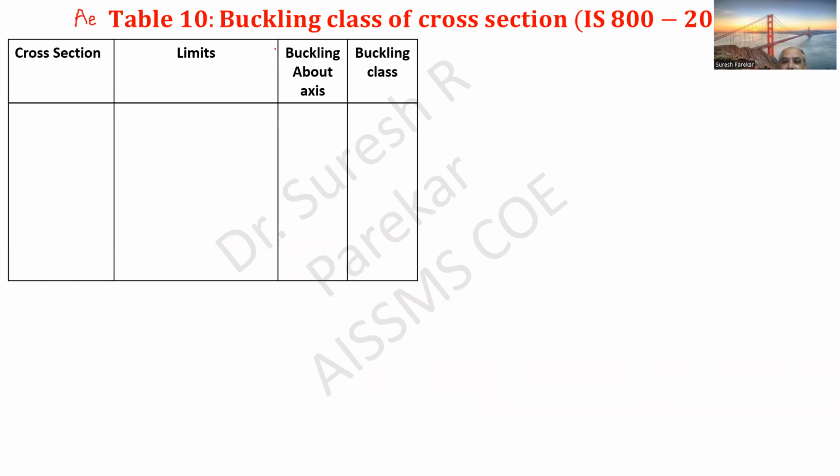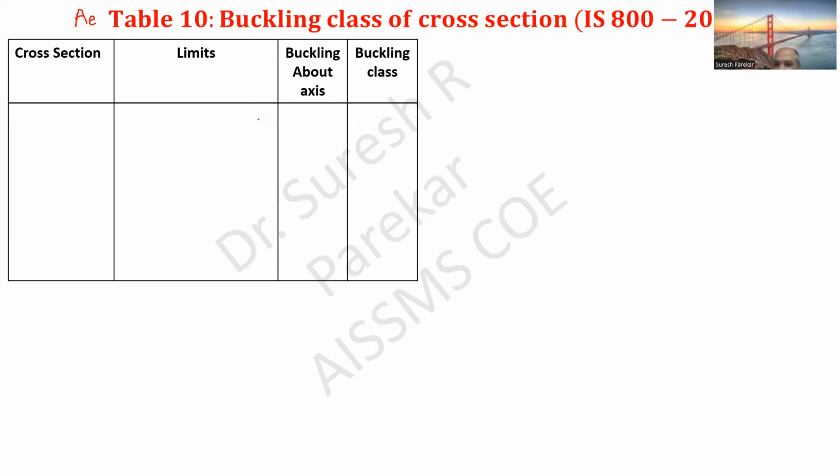Second, we have buckling class, and by that buckling class we are going to find the value of FCD. In FCD, this buckling class plays an important role because our imperfection factor depends on it, and by that imperfection factor we find the value of FCD.